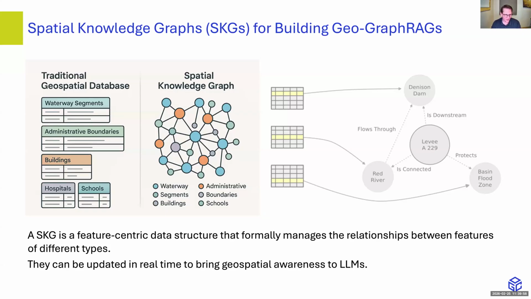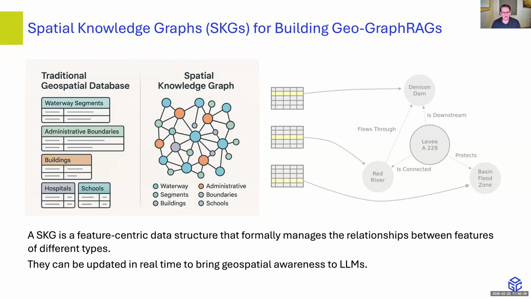If you were to ask a waterway segments table what administrative boundaries you flow through, that table is not going to have that answer. Someone probably has to do geometry arithmetic and integrate it with the administrative boundaries table to come up with an answer. There's no abstraction that can formally manage that. Once you've done that integration, that's typically not something you can publish as a first order object that can be discovered by the broader community.